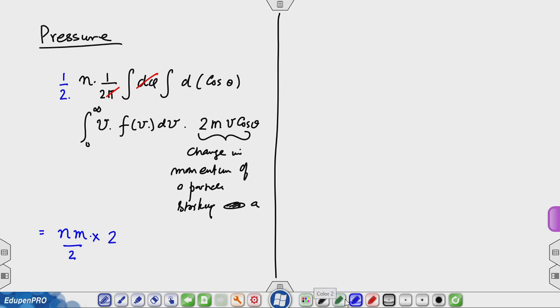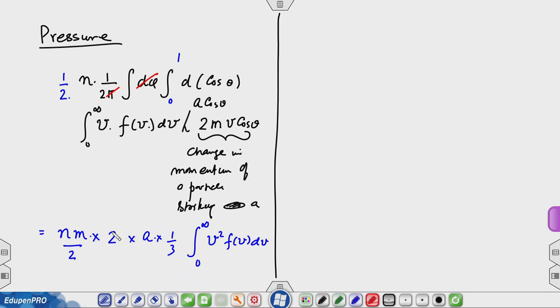And then I get times d cosine theta from 0 to 1. I have another factor which I was missing, a cosine of theta. So there is a cos square theta d cos theta, which gives you 1/3, and then I have integration v square f v dv, 0 to infinity.